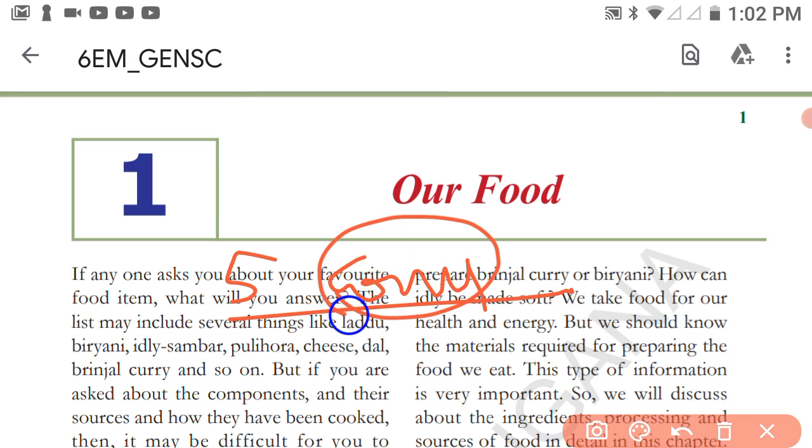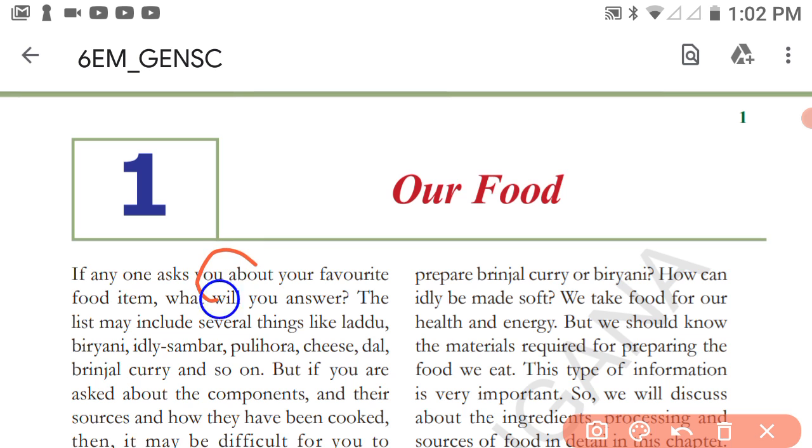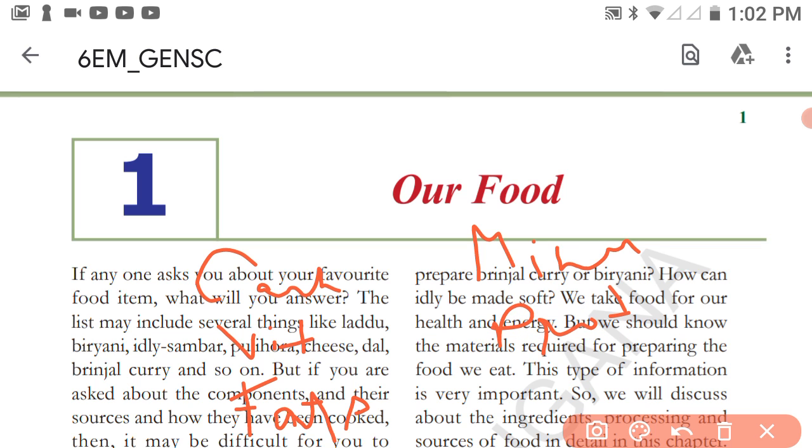The 5 components means the 5 nutrients. They are carbohydrates, vitamins, fats, minerals, proteins, roughage, and water.